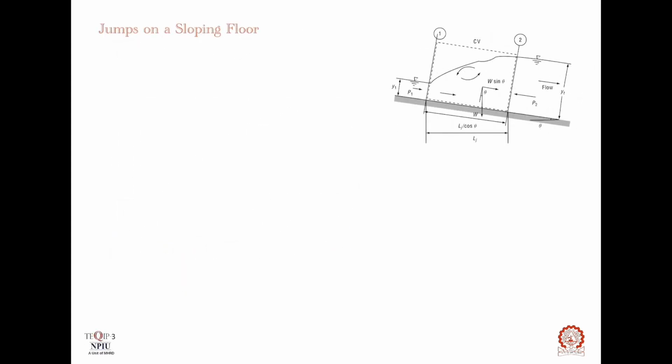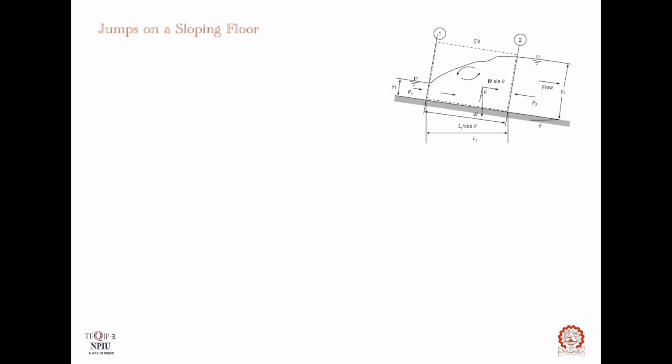Now we come to the hydraulic jumps on a sloping floor. In this case, when a hydraulic jump occurs, there will be many unknown parameters, like the weight of the fluid, which involves the length parameter of the jump, and also the profile of the hydraulic jump we need to consider to find the weight, because in this case we cannot ignore the W term.